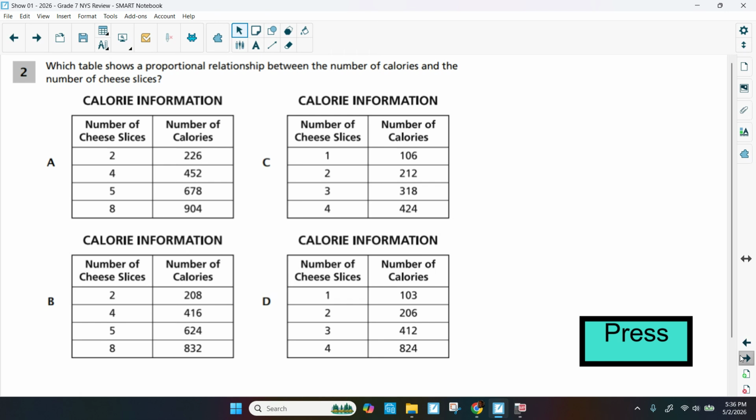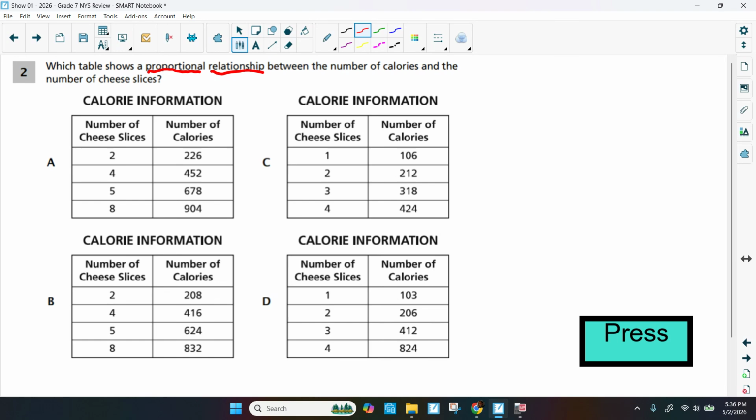So let me underline a word that is very important to 7th graders, and that word is proportional. And I'll even underline relationship, which means there's something going on between the numbers in the first column and the second column.